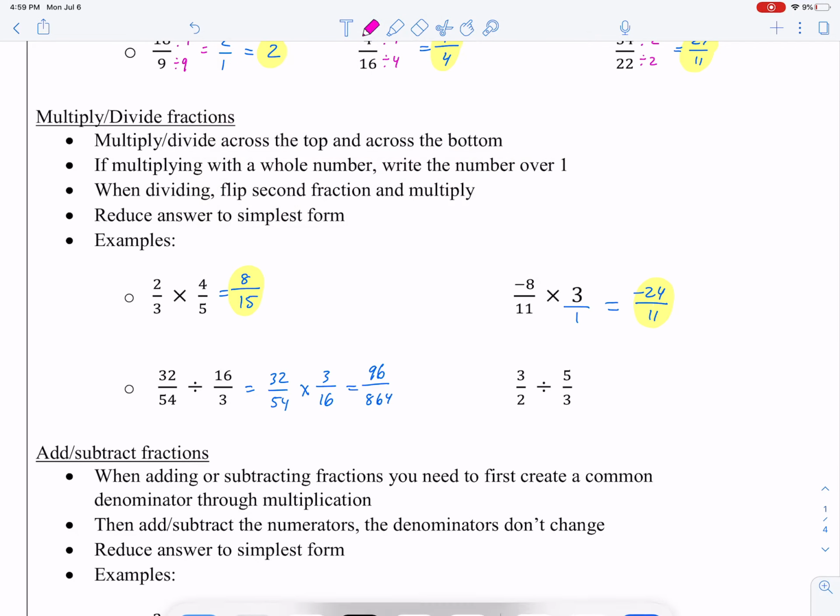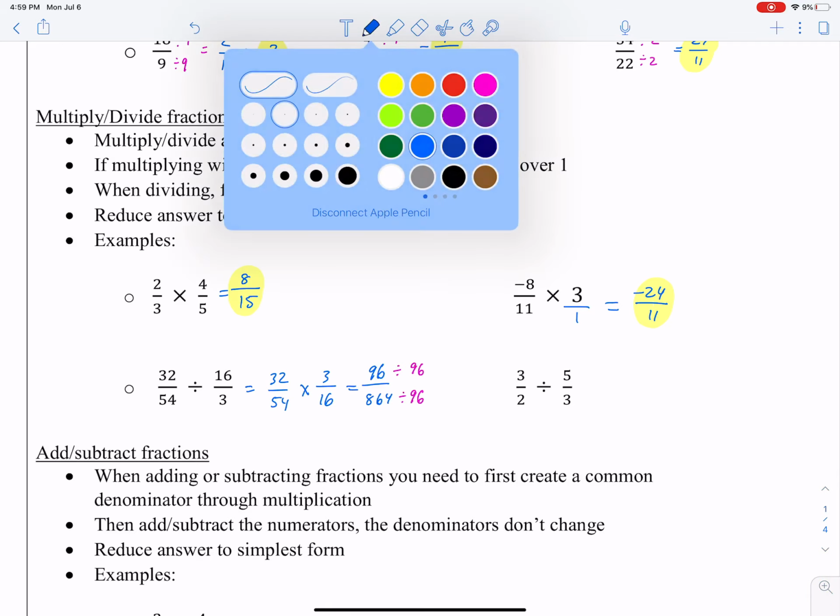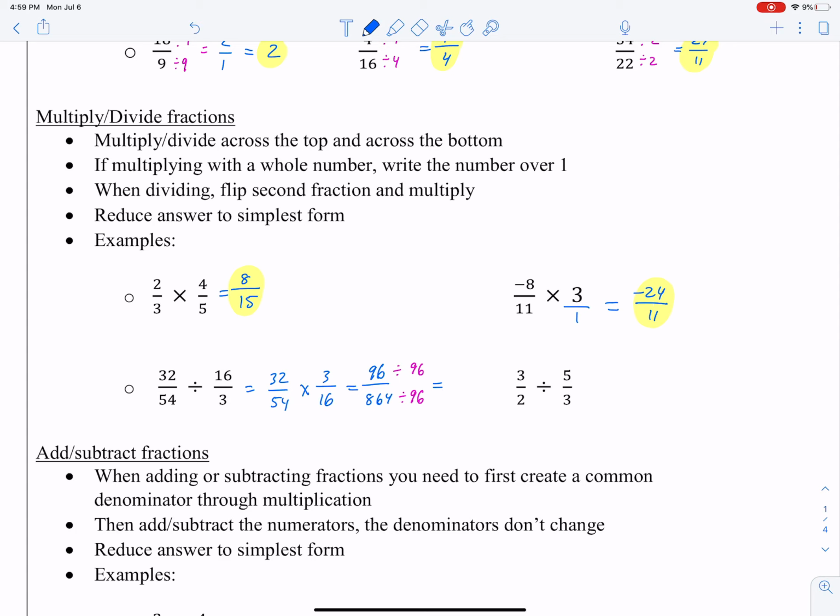Then you're going to need to play around on your calculator a bit to see what you can reduce this by. You'll find out by playing around with the numbers that you can divide both top and bottom by 96. You might have to do this in a few steps, like try dividing by 2 first, and then 3, and so on. But eventually you can figure out that you can divide both by 96. So you end up with 1 over 9 as a final answer.